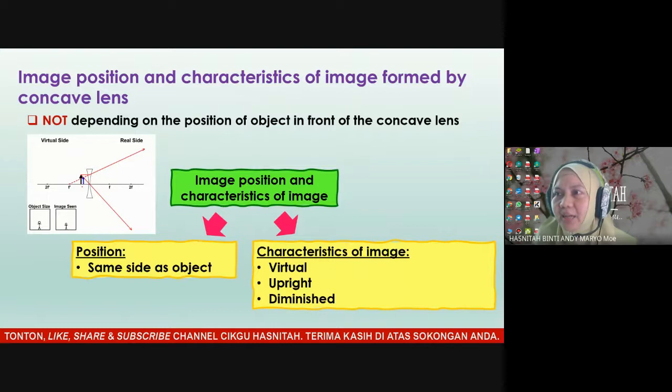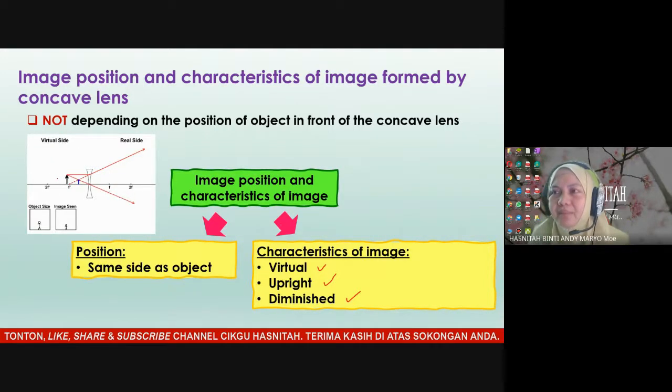As you can see in the simulation, the black arrow is our object and the blue arrow is our image. Even though we change the position of the object, it always forms the same image: always virtual, always upright, and always diminished. So for the concave lens, it is very simple: one characteristic of image for all positions.